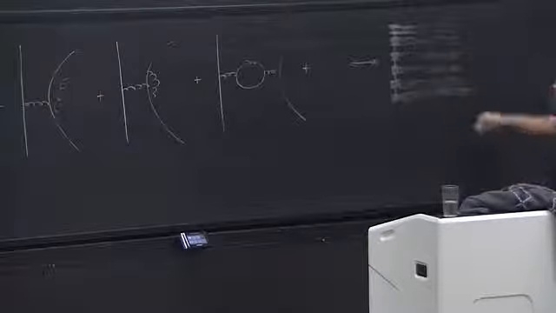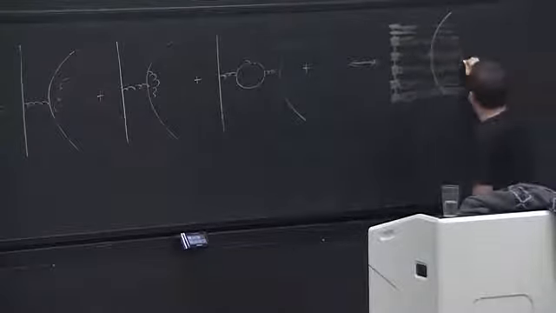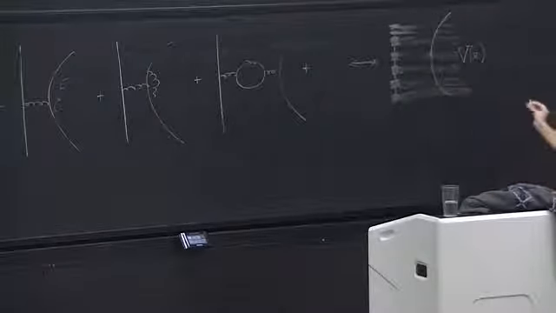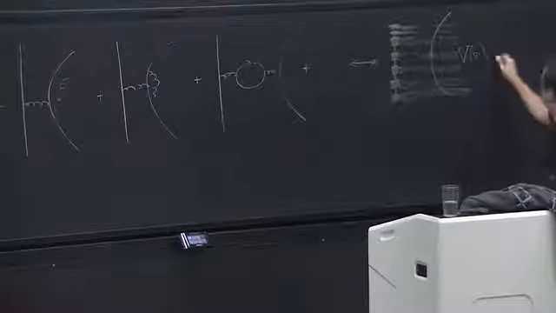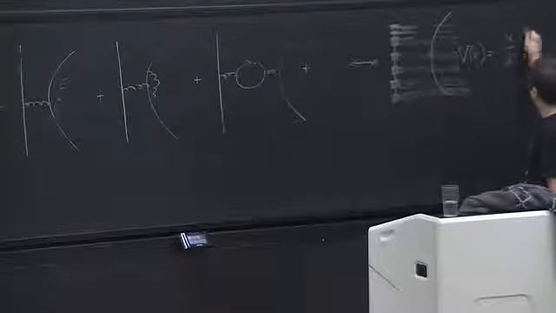We trade the proton for some non-trivial potential V of R. So we remove the proton and keep its effect, which is the potential that it generates. Which would be what? The usual Coulomb potential, minus alpha over R.